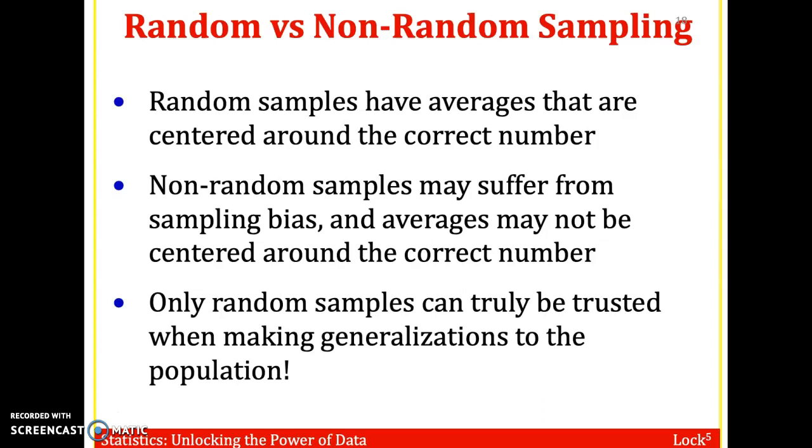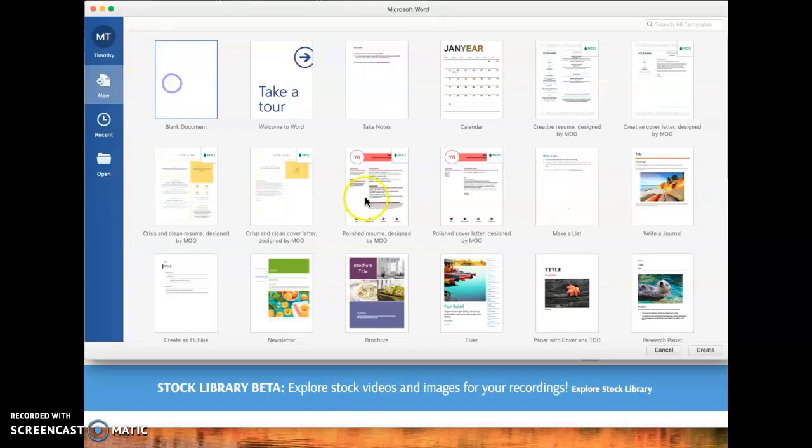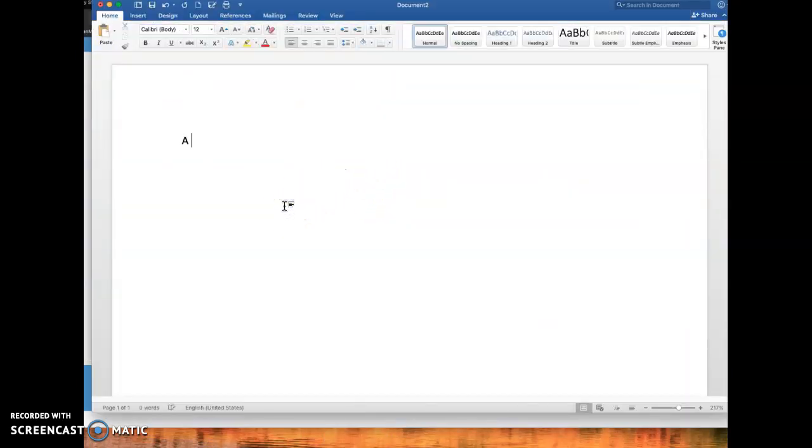But the idea of a random sample is that everybody in the population has an equal chance of being selected. I'm going to write that down. So a random sample means that every case in the population has an equal chance of being selected.